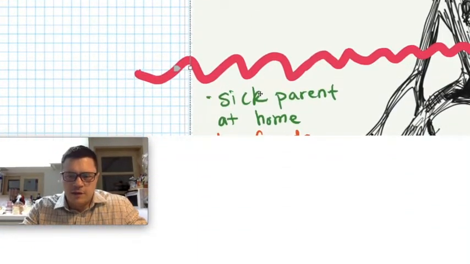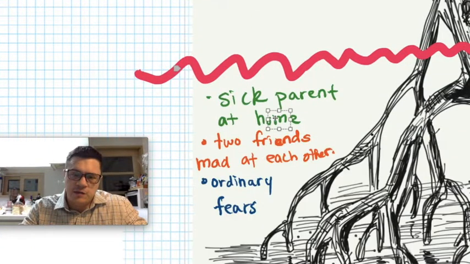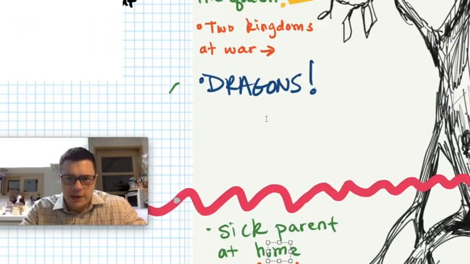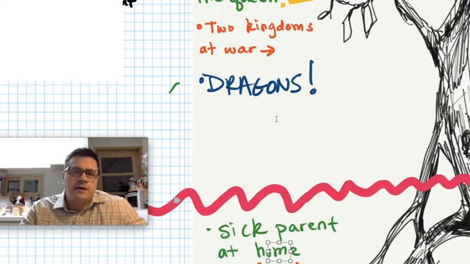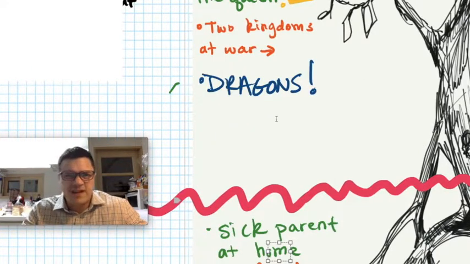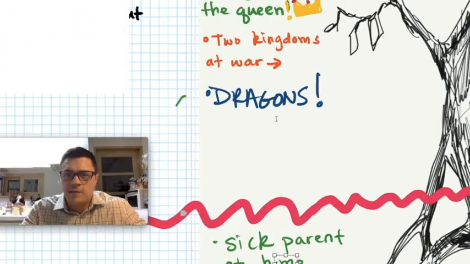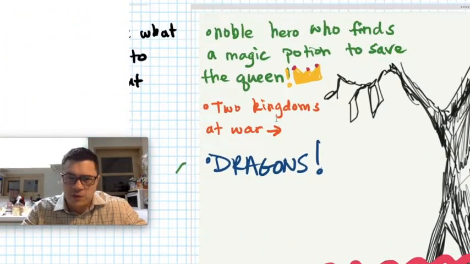Another example, which we talked about a lot in the last unit, is how our ordinary fears or dangers in our life become dragons. That's another example of how something from the real world can become fantastical or magical or unreal. So what we're trying to do here is take what's real and use it as a way to generate ideas about what's not real, our fantasy world.